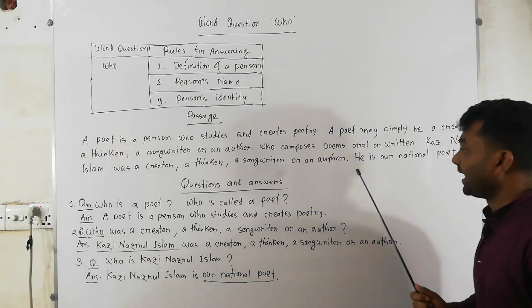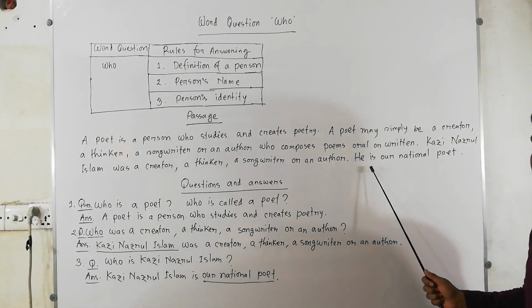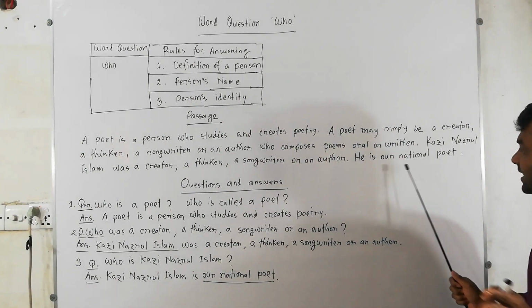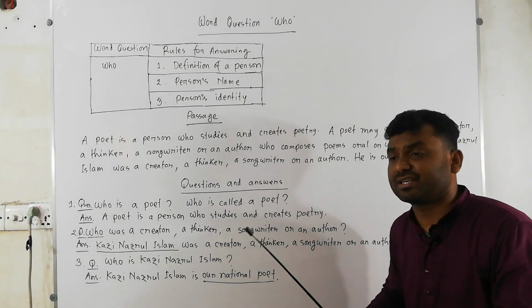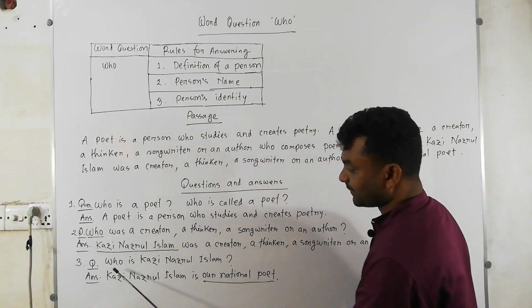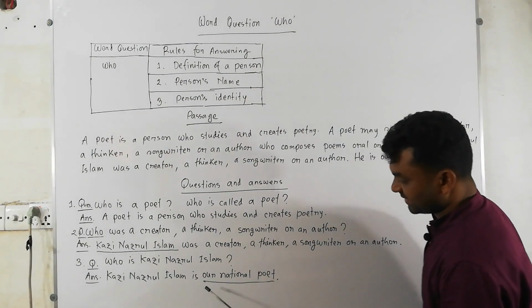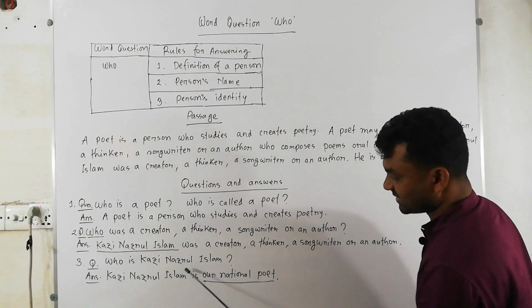That's why I'm looking back at the passage. This is the last line. He is our national poet. Our national poet. This is the identity of Qazi Nazrul Islam. That's why instead of who, I have written our national poet. So Qazi Nazrul Islam is the subject.